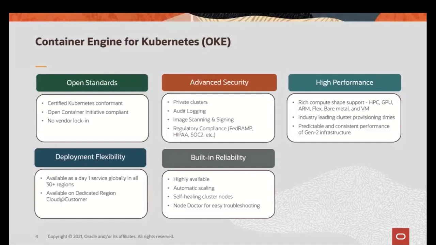So the control plane is spread by default among multiple availability domains, and if you're running your cluster in a region with a single availability domain, it's spread across multiple fault domains. And for your data plane, where your applications are running, then it's up to you. You control among which availability domain and fault domain it spreads.